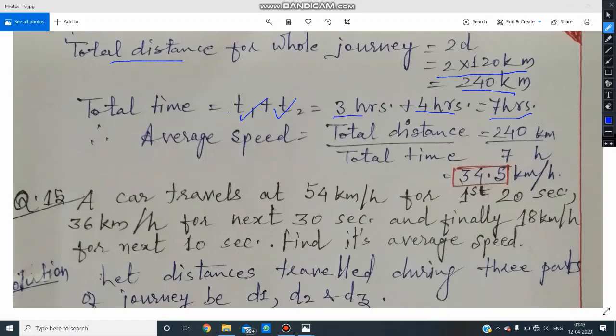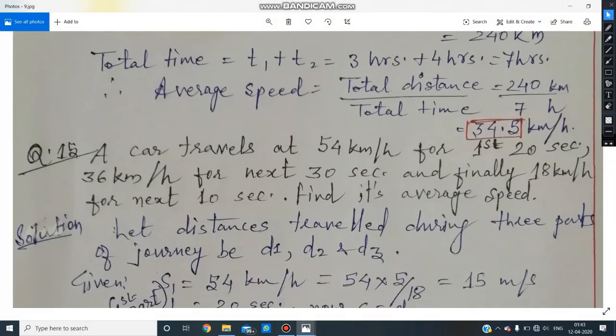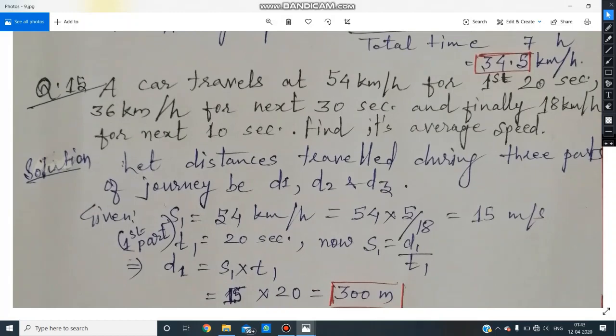Following the formula of average speed, we get average speed is equal to total distance by total time. The total distance is 240 and total time is 7 hours, and final calculation gives us the result equal to 34.5 kilometer per hour. This was a way how to calculate when the speeds are given and distance is mentioned, then how do we calculate the average speed?